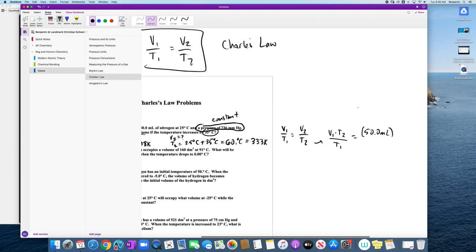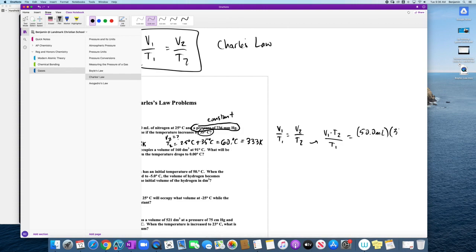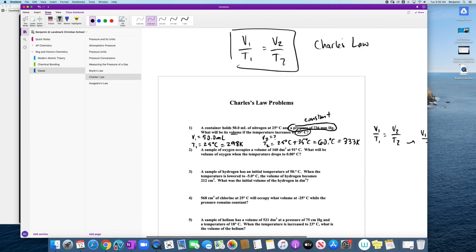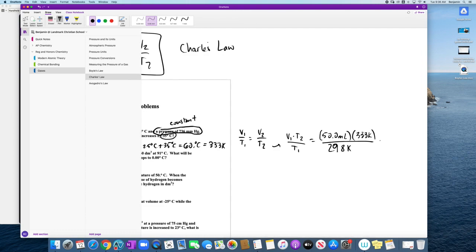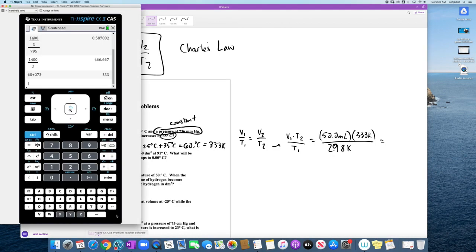The final temperature is 333 Kelvin. The original temperature was 298 Kelvin. Okay. So we're getting a hotter temperature. That means bigger volume. So 50 times 333 divided by 298.